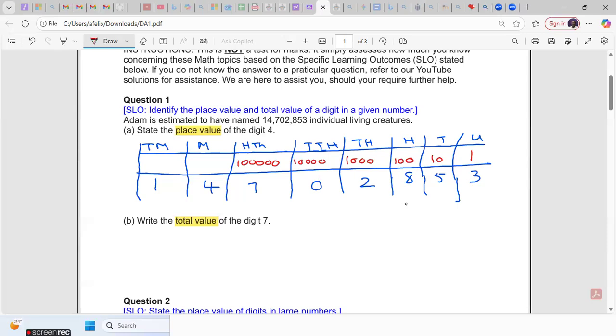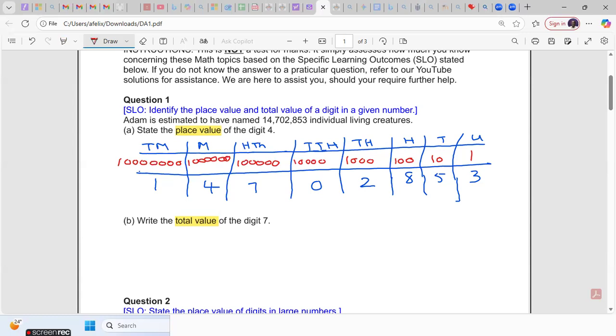The million position would have 6 zeros. And the tens of million, let's make that a little wider. That tens of million would have 7 zeros. Let's write it in 1, 2, 3, 4, 5, 6, 7 zeros, and then we put the 1.